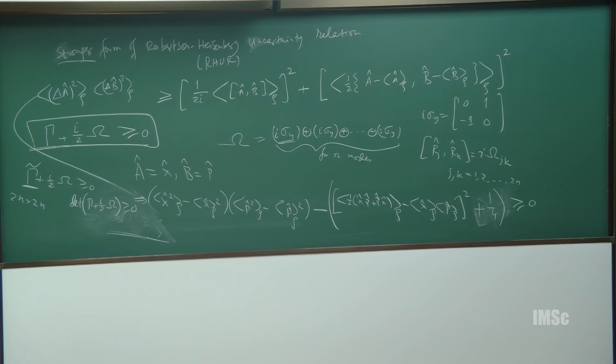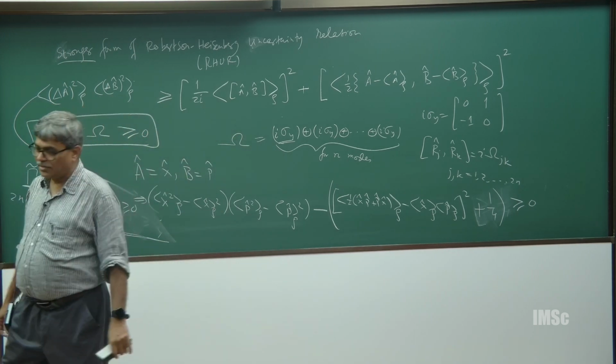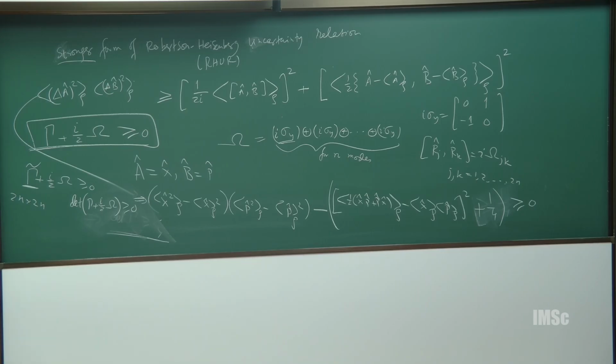That is anyway true for quantum theory. The second term is also true. This is always true for any quantum state and any bona fide observables. This is the stronger version of the Robertson Heisenberg uncertainty, always true in quantum theory. Then you are using this to prove that determinant. Okay, I see. That means for the single mode case, it validates.